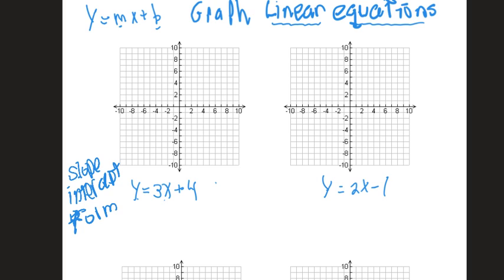Okay, so the slope-intercept form, the word slope means how much is the line going up or down, basically. Okay, so I'll explain more detail. The slope is how much the line is increasing, going up, or decreasing, going down in that direction, from left to right. So this is called the slope of the line.